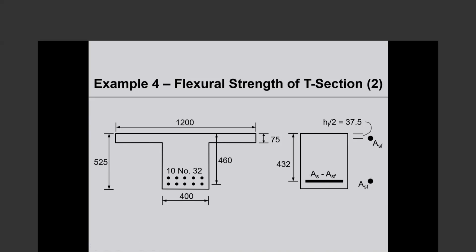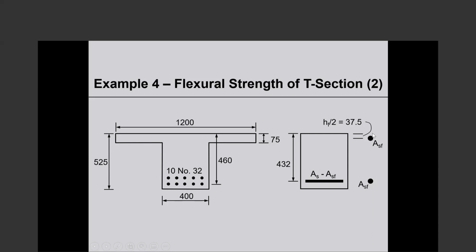We replace the overhanging flanges with an equivalent reinforcing steel area, and that reinforcing steel area will have a centroid coinciding with the mid depth of the flange. That's where it is located, H sub F over 2.